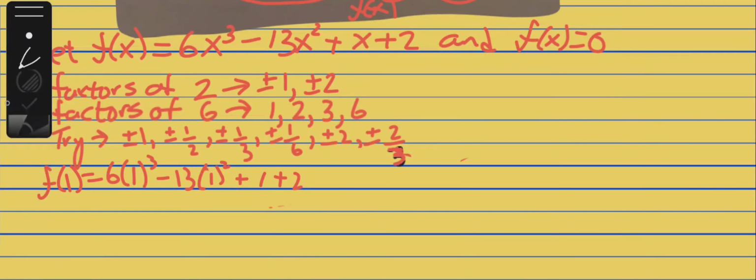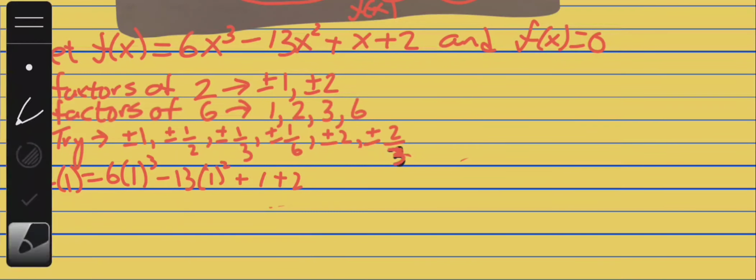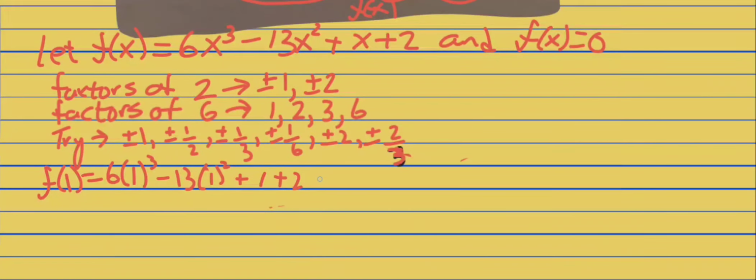But let's be more specific in noting that it yields a negative value. 6 minus 13 is negative 7, plus 1 is negative 6, plus 2 is negative 4. That's a negative value. It does not equal 0, but it is less than 0. Do you see? Yeah.